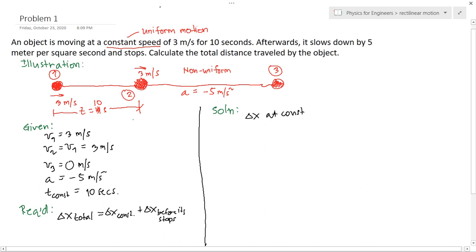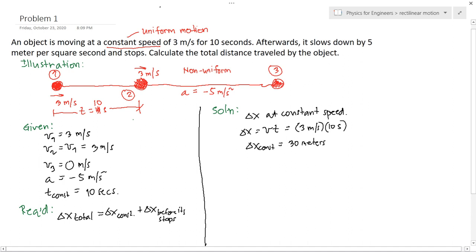So we have delta x is just velocity times time, and we all know that the velocity is 3 meters per second multiplied by 10 seconds. So therefore, yung displacement mo dito during constant speed is equal to 30 meters. O, diba? 30 meters.